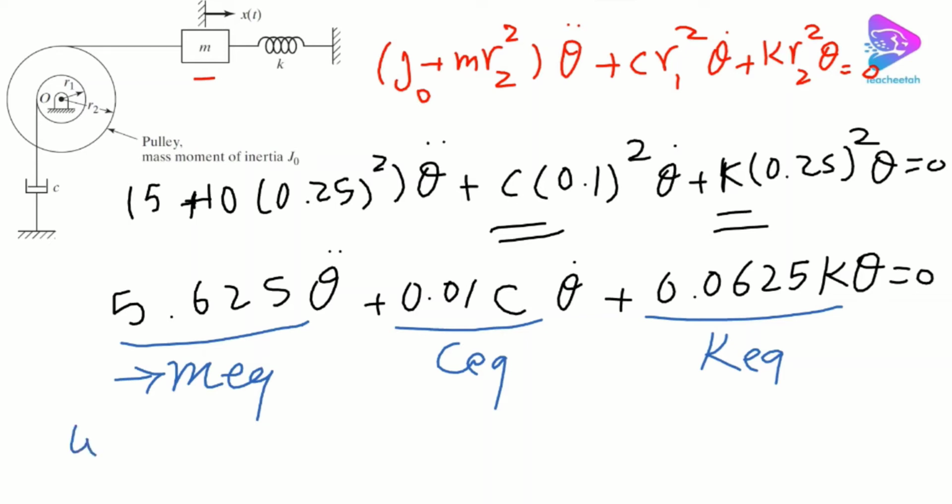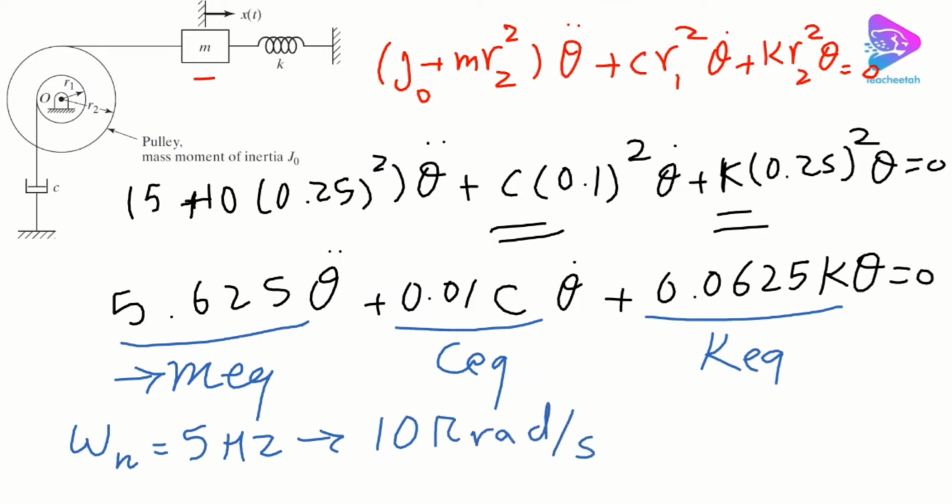The natural frequency of the system is given as 5 Hertz, and we have to convert it to radian per second, which is 10 pi radian per second. We just multiply it by 2 pi, and we know that this is equal to the square root of K equivalent over M equivalent, right? So by that we can find K, which is one of the unknowns that we need to find for this problem.